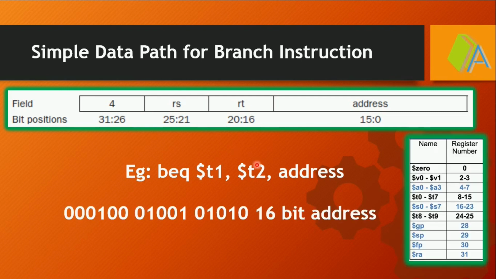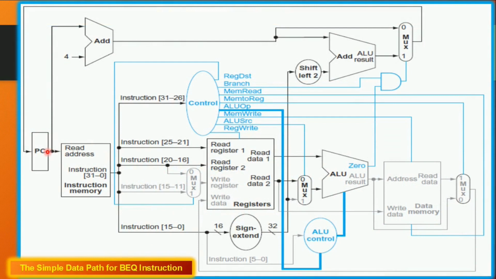The binary representation of this particular address is this. Consider this instruction is stored in the address 2000. The program counter will be having the address 2000. So the processor will be looking at this 2000th address and fetching the 32-bit instruction.